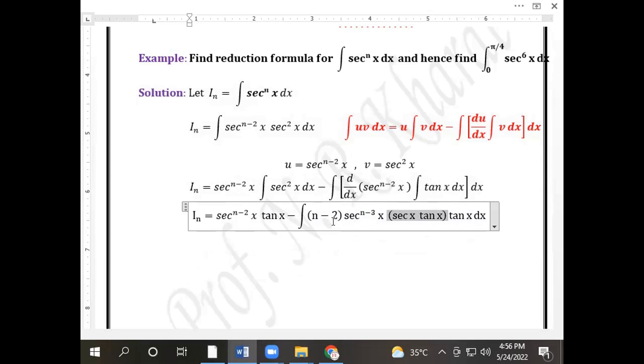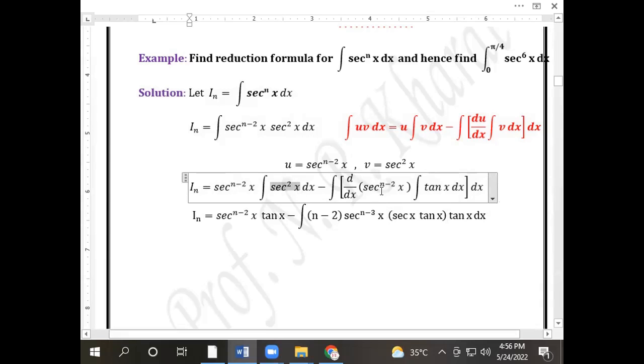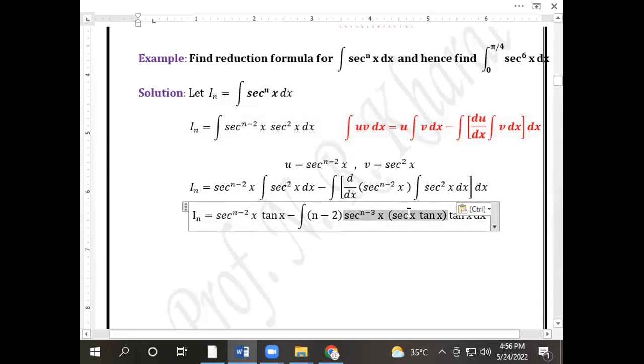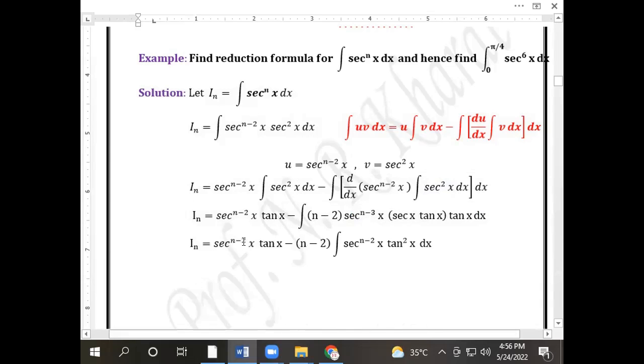And lastly, the integration of sec square x is tan x. Then sec raised to n minus 3, and this sec, we add the index, and tan x becomes tan square. So we are making the index conversion.